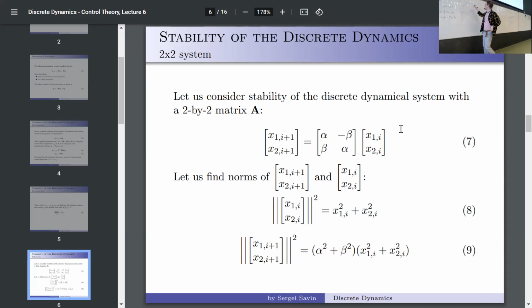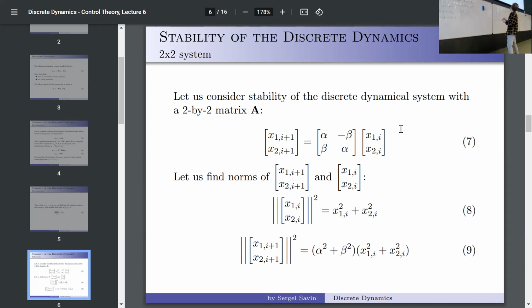We have x1 sub i plus 1 equal to alpha x1 sub i minus beta x2 sub i. x2 sub i plus 1 is equal to beta x1 sub i plus alpha x2 sub i.